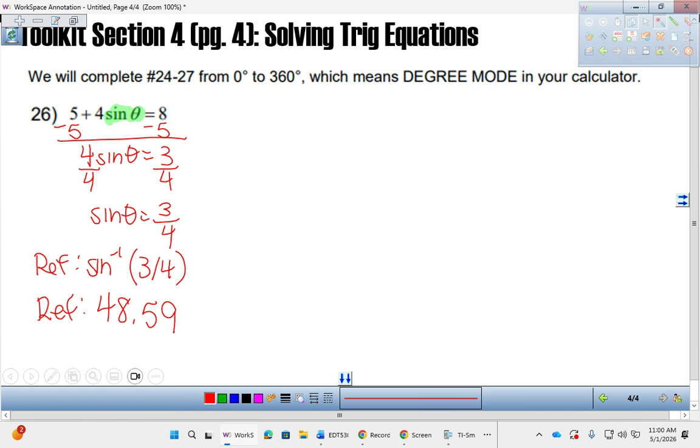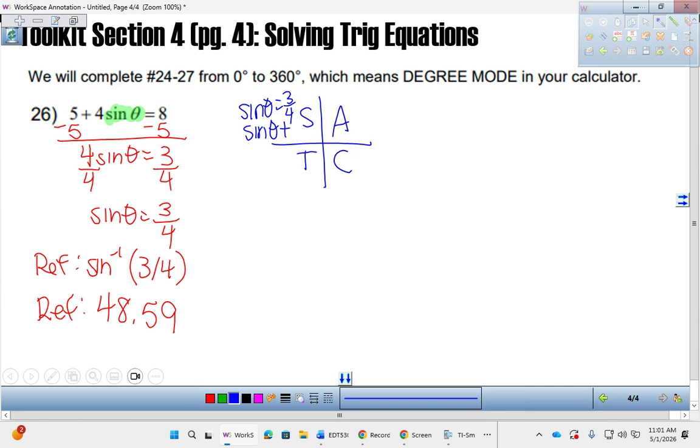After you find the reference angle, you're going to apply it to this. So I have that sine of theta equals 3/4. So I have that sine of theta is positive, because 3/4 is a positive number. So I need to pick the two places where sine is positive.